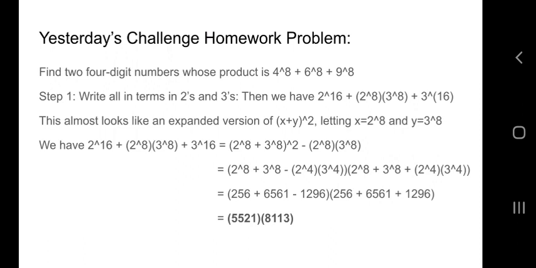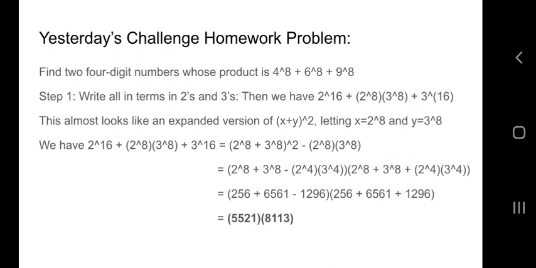So this almost looks like an expanded version of (x plus y) squared, right? This almost looks like x squared plus y squared plus 2xy, except the middle term doesn't have 2 times the number, it just has the two numbers multiplied.